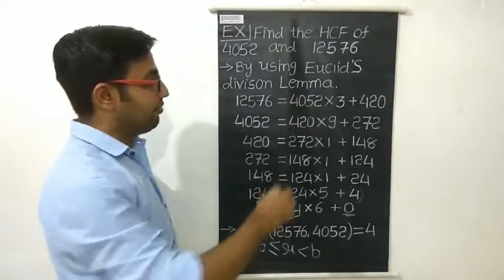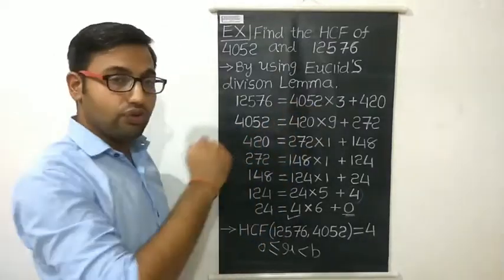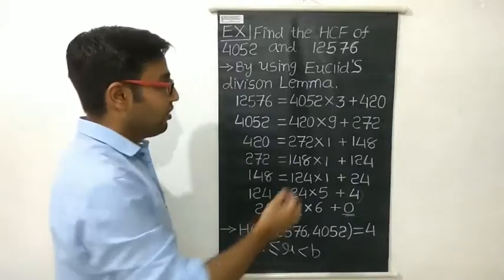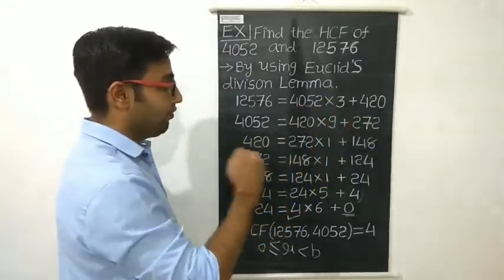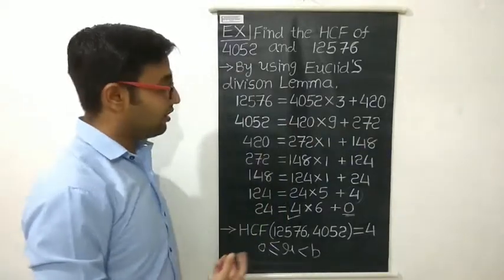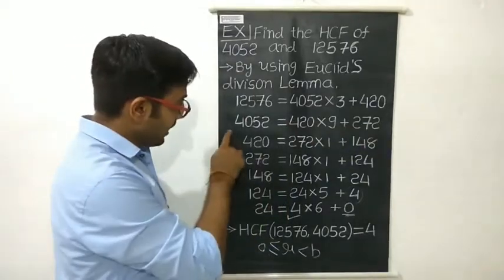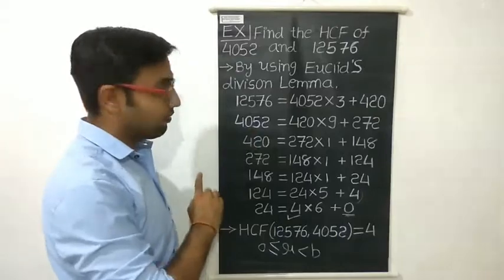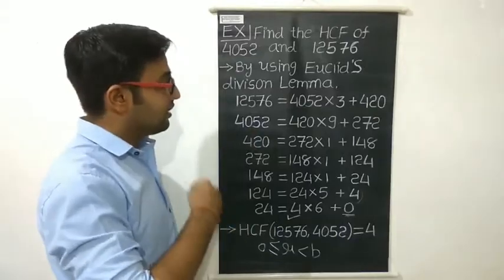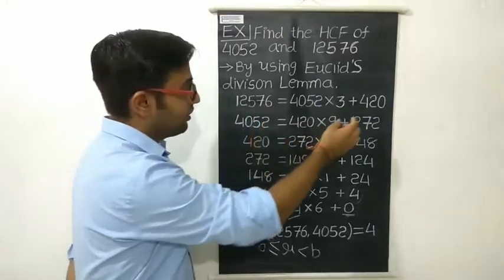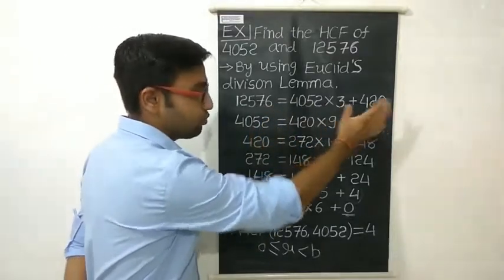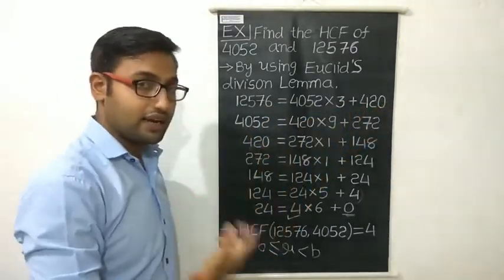Now it will become the A for the second step, and whatever we get as a remainder will be the B for the second step. Or in other words, for the second step, the first number is the divisor of the first step, and for the second number we choose the remainder.